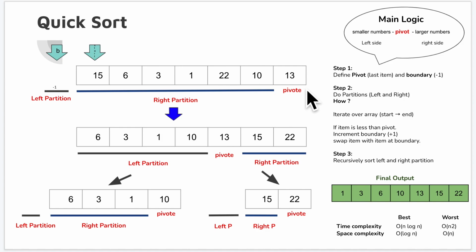So we need a boundary to define the left side and right side. For now, we consider the left side completely empty and the boundary at index -1. The array from index 0 to the end will be the right side. And this is the pivot.